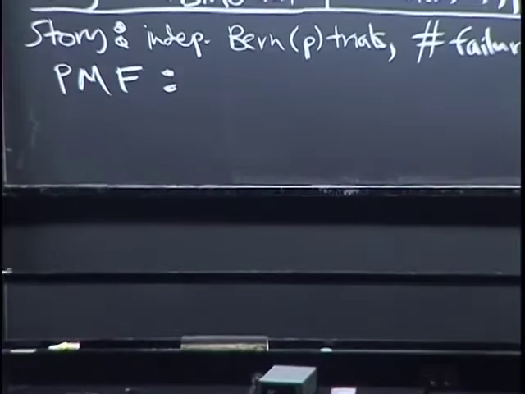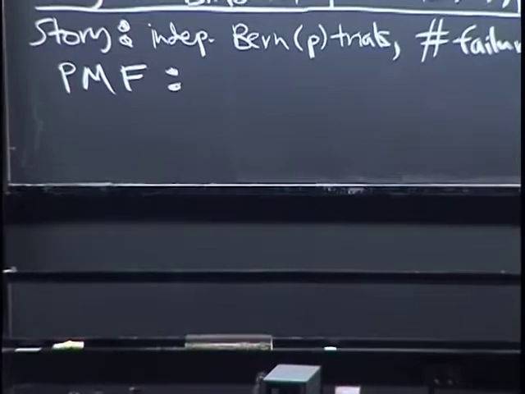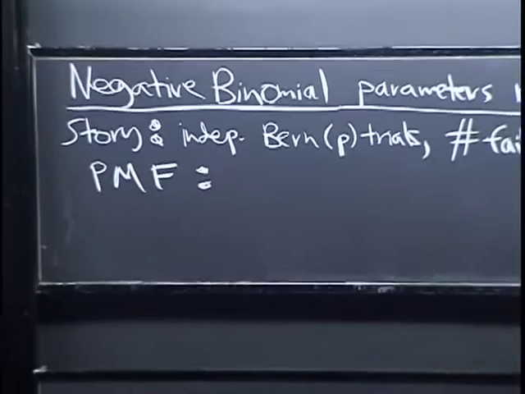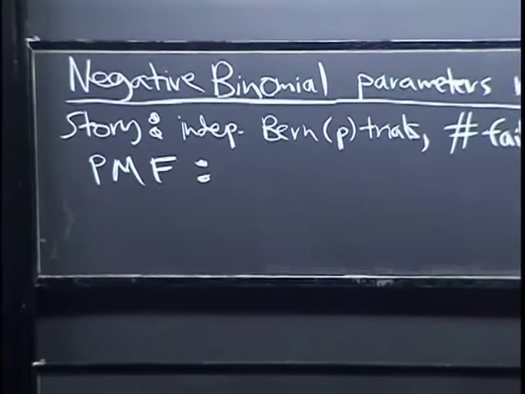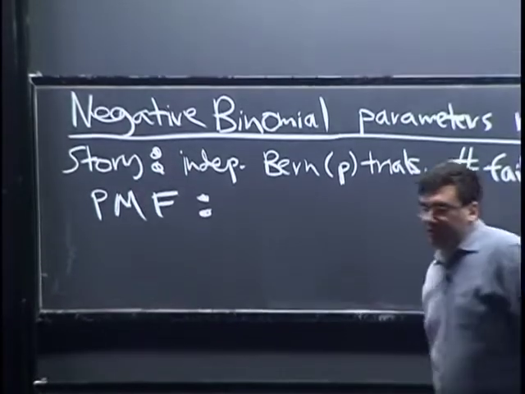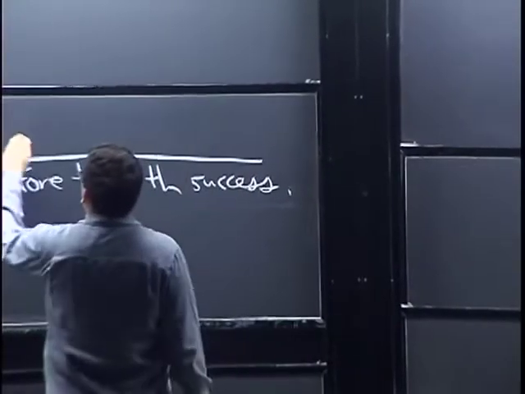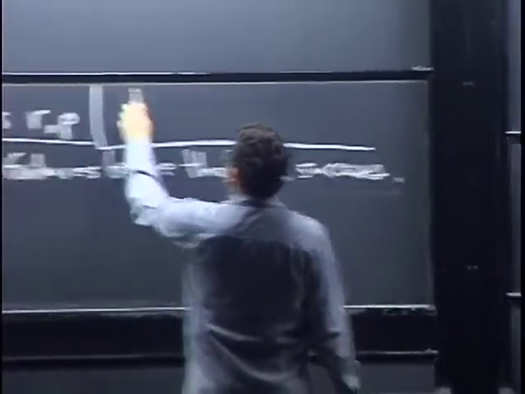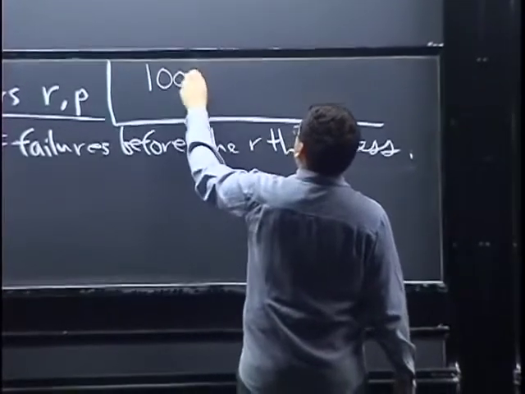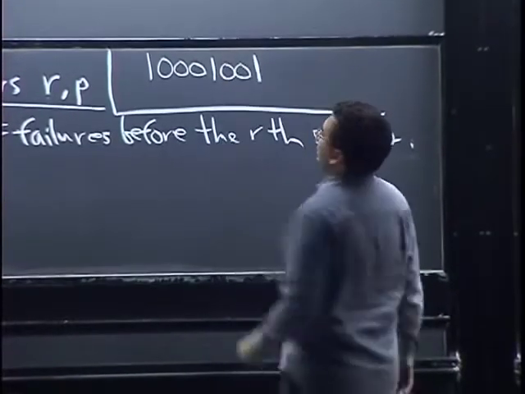Well, to find the PMF, basically we just need to draw a little picture for ourselves and then think about the picture. So the picture is just a sequence. Well, let's write 1 for success and 0 for failure. So maybe it looks like this: 1, 0, 0, 0, 1, 0, 0. I'm just making something up right now.